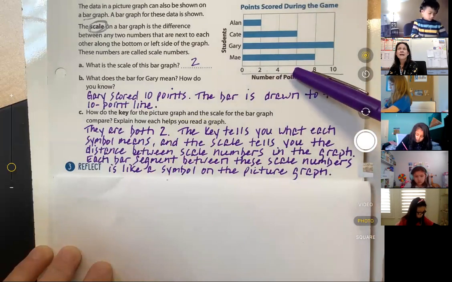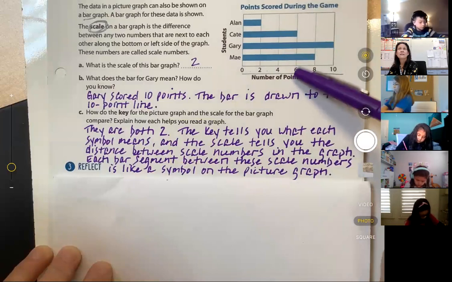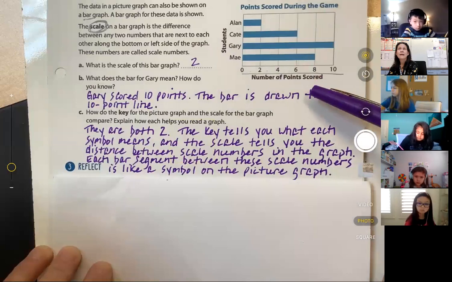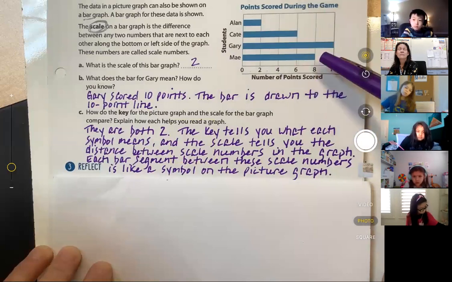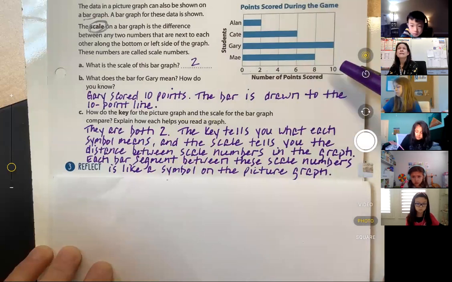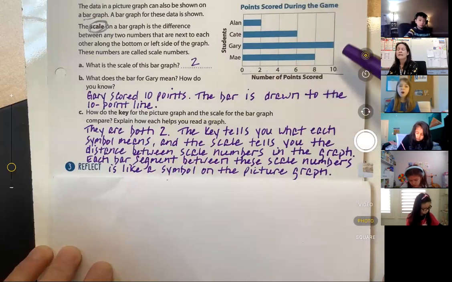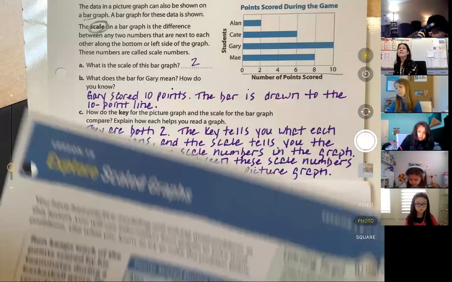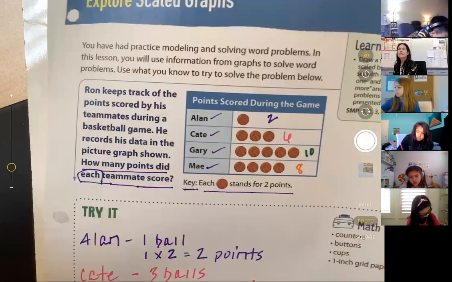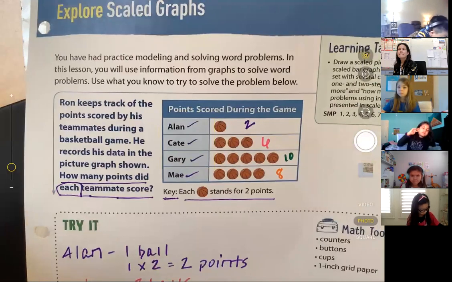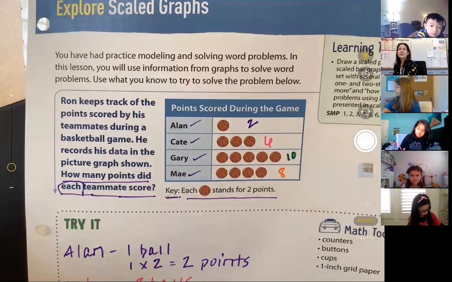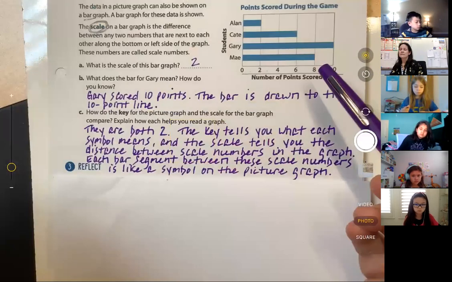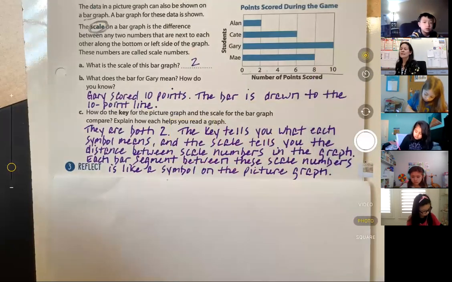Instead of this 6, I would have 3 basketballs next to Kate's name. Instead of 8, I would have 4 basketballs next to May's name. And instead of 10, I would have 5 basketballs next to Gary's name. Just like this, my friends. This is a picture graph. This is a bar graph. The data being represented is the same.